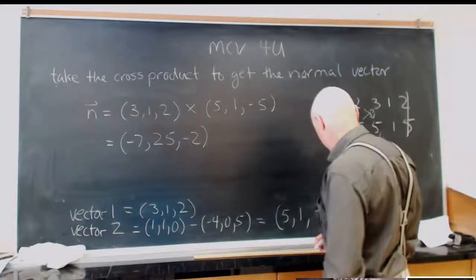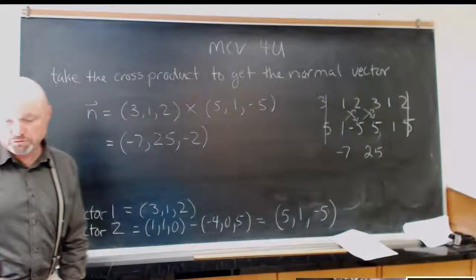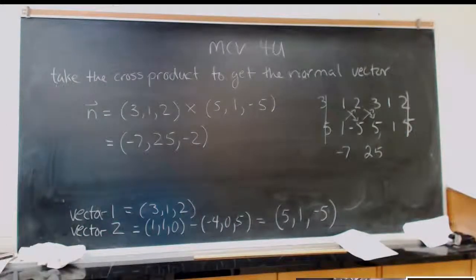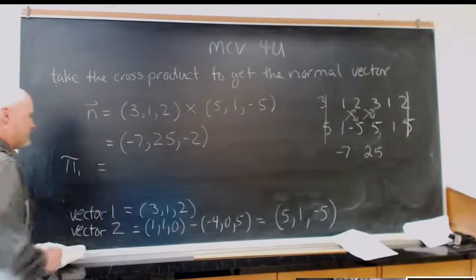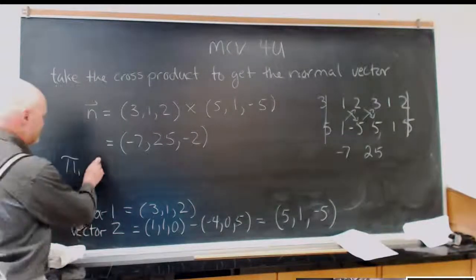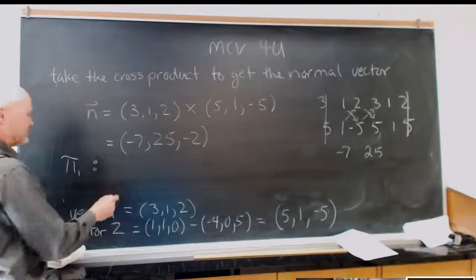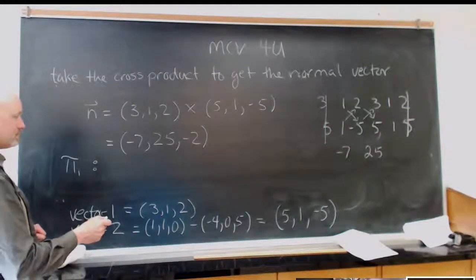Who can tell me something about the equation of the plane? Luke, you've been notably silent. Tell me as much about the plane as you can. About the scalar equation. It's like ax plus by plus cz plus d equals 0.